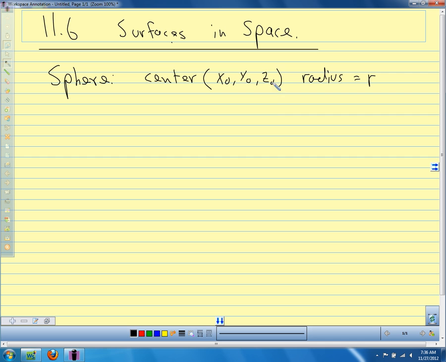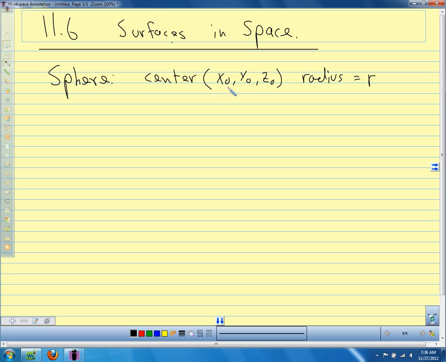I think we talked very briefly about spheres before, but if we extend what we know about circles, what would be the equation of this sphere? X squared plus y squared plus z squared equals r squared. So that would be a sphere with center where? 0, 0, 0, at the origin.